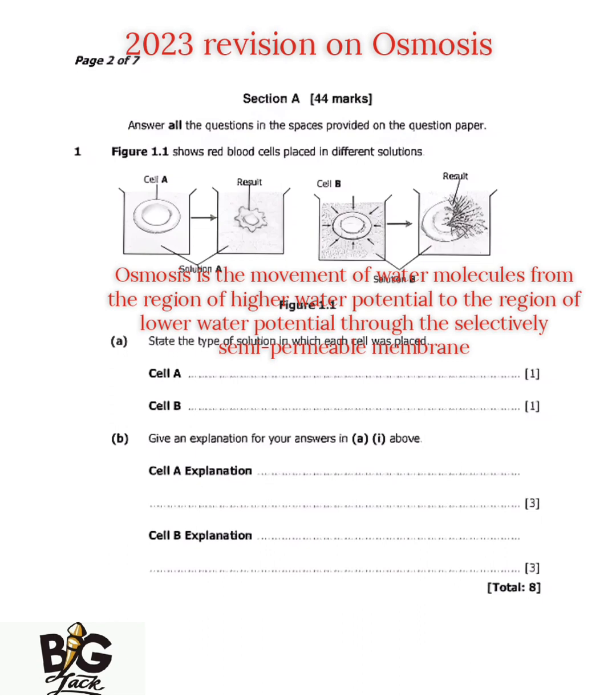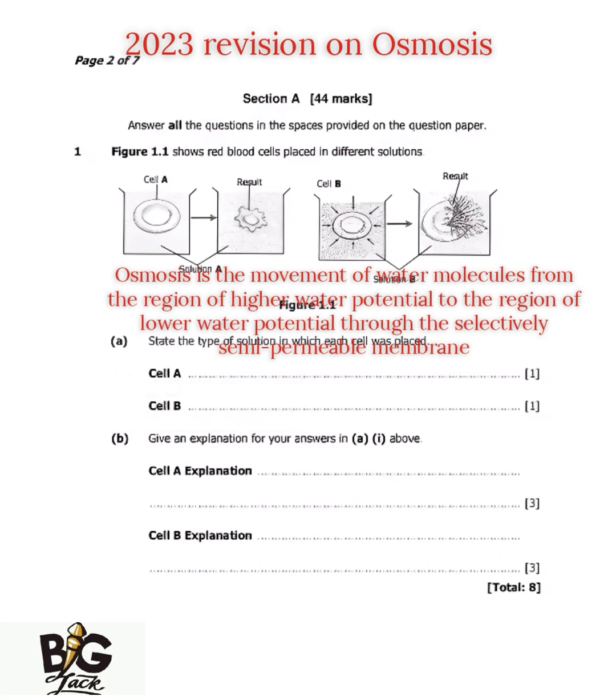Here I've used two terms, higher water potential and lower water potential. Higher water potential is a solution which has more water molecules, and low water potential is a solution which has less water molecules and contains more solutes.